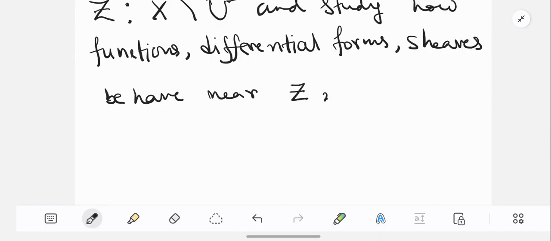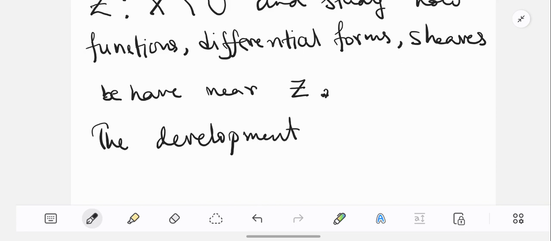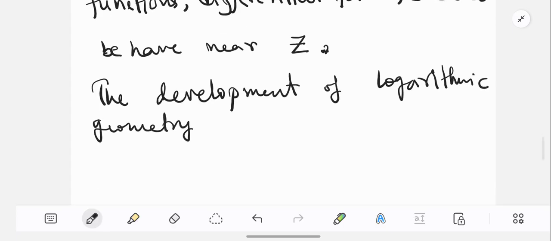Okay. And then the development of logarithmic geometry, as I said, was to deal with compactification and degeneration.